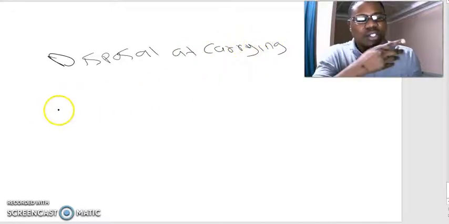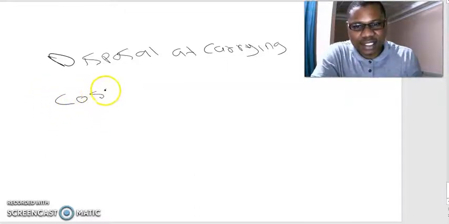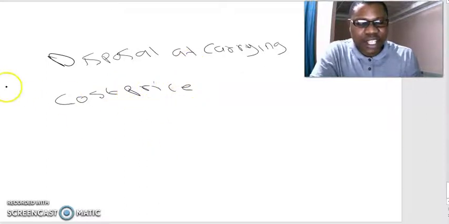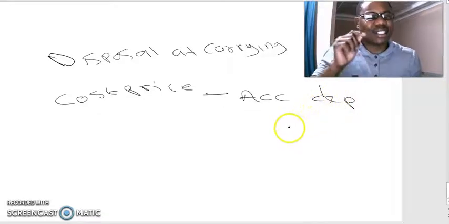Are we together guys? For the disposal at carrying value, we look at the cost price of the asset that we are selling, the cost price minus the total accumulated depreciation of the asset that we are selling.